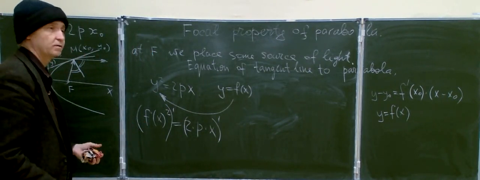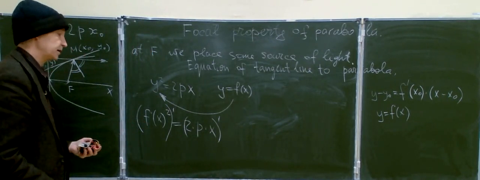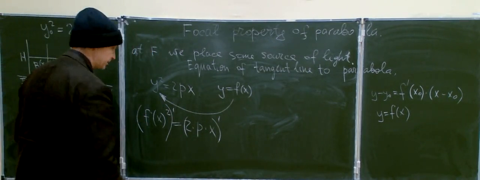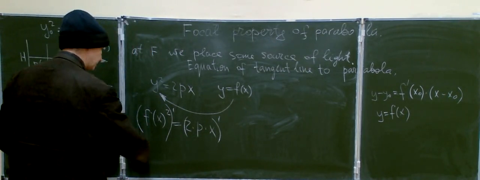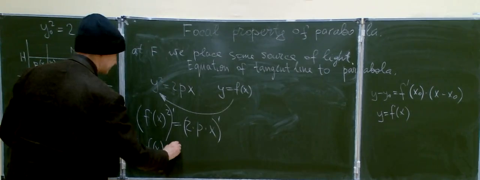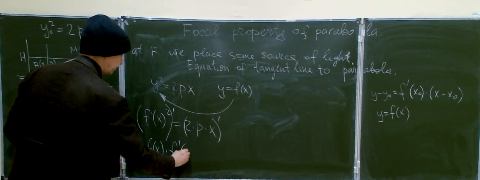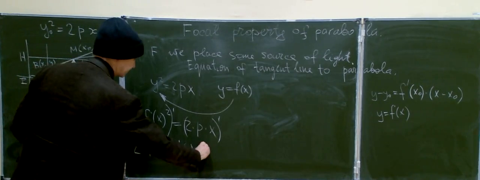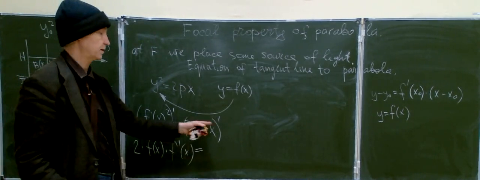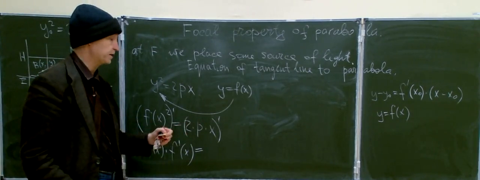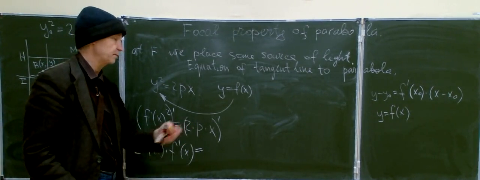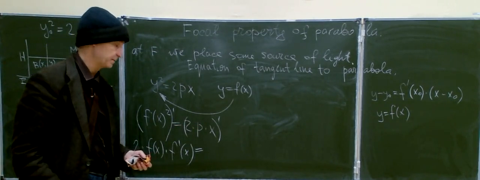According to the rules for calculating derivatives, if we have a square of a function, then the derivative of such a square will be 2 times f of x times f prime of x. And in the right hand side, we should differentiate the product of two constants with a variable x.